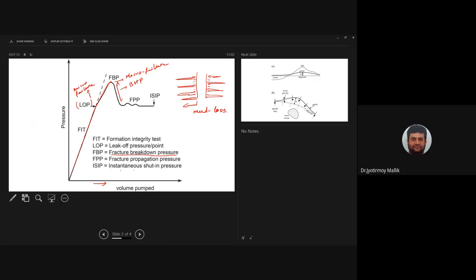And then with the volume pumped, your bottom hole pressure will kind of come to an equilibrium. There will be a period where there will be some undulation in the pressure. That is what we call fracture propagation pressure, which means this is the time when the fractures actually grow in length.